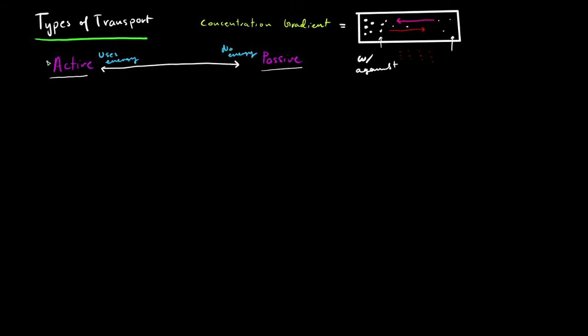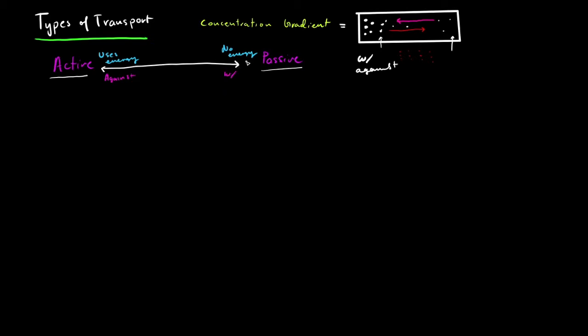And at the same time, active transport flows against the concentration gradient. Flows against, meaning that the area with a lesser amount of particles and a lesser density moves toward the area with a higher density, while passive transport moves with the concentration gradient.